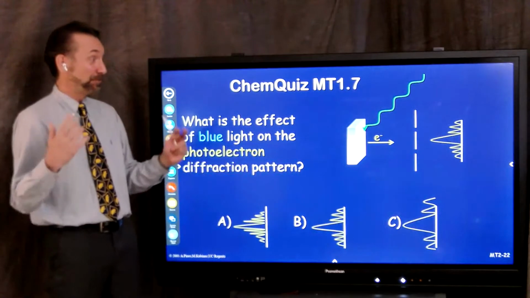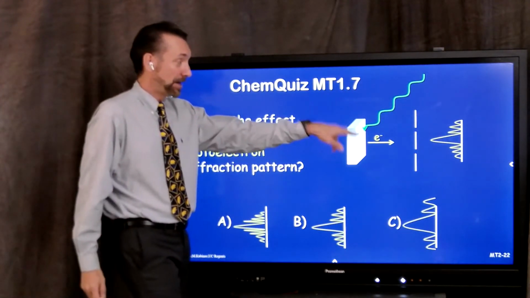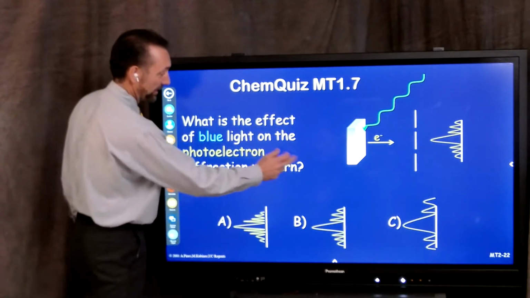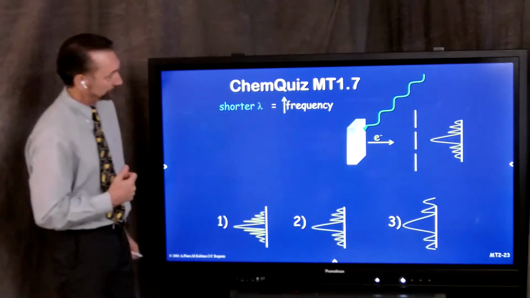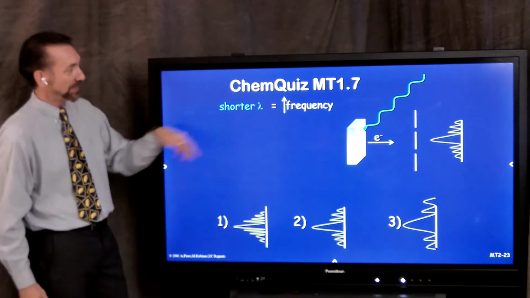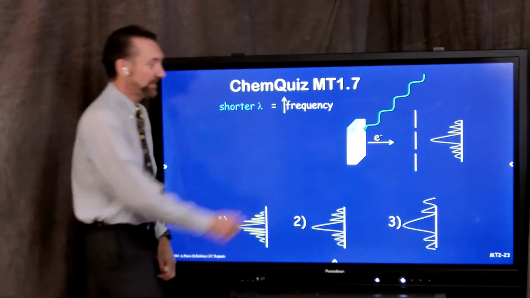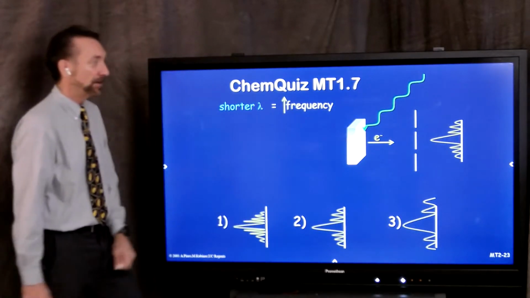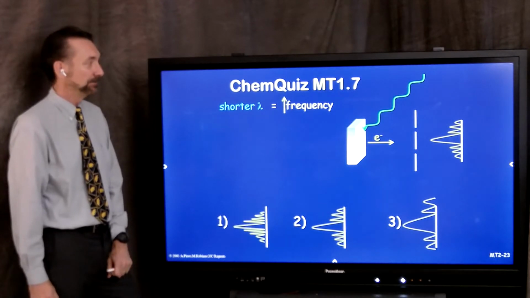But they explained to me very well that if I have a blue photon now coming in, I'm going to a shorter wavelength, so higher frequency. So higher frequency photons, blue photons coming in.